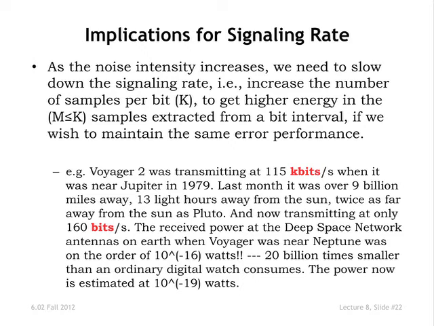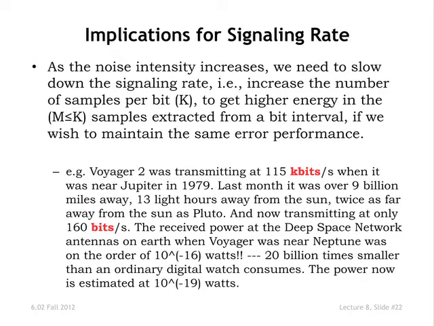Last month, it's gone past Jupiter, Saturn, Uranus, and then Neptune. So it went past all of these, and now it's about 9 billion miles away. It's twice as far away from the sun as Pluto is. But look at the transmission rate now. It's 160 bits per second.